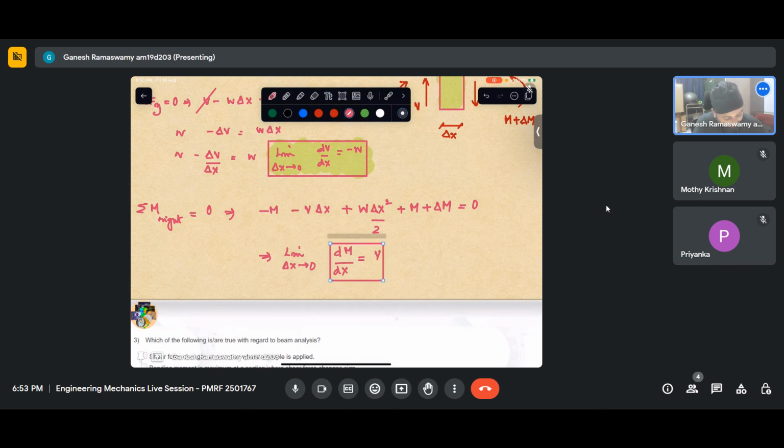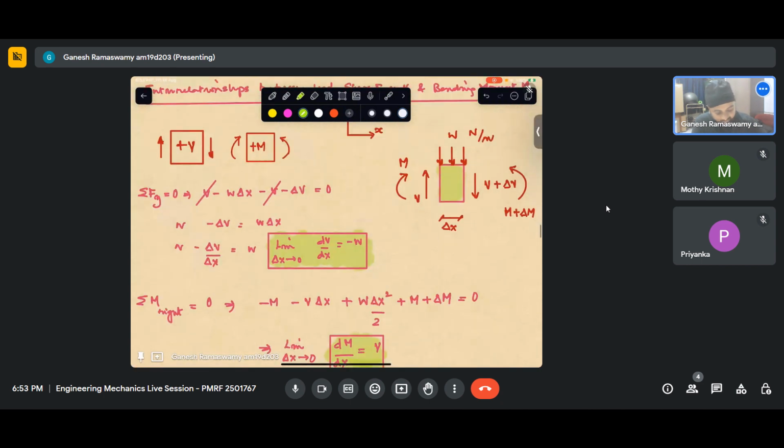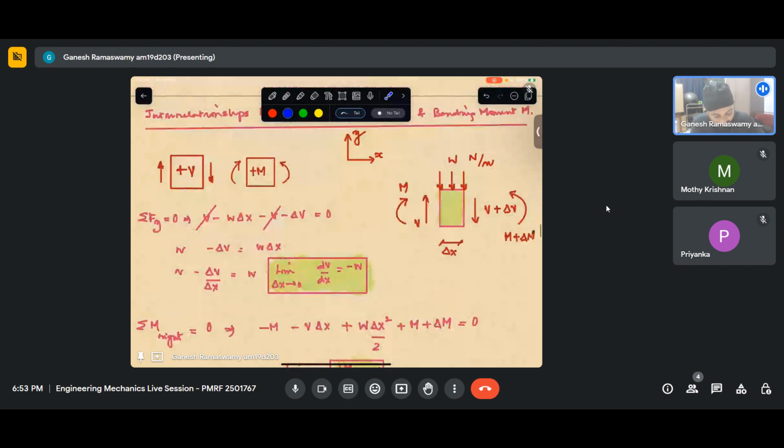What does this tell us? It tells us the slope of the bending moment diagram is related to the shear force value. And the earlier expression gave us the slope of the shear force diagram with respect to the applied load. So these two relations are unique to the sign convention with which we started. We are not supposed to overlook the fact that we started out with a sign convention here.